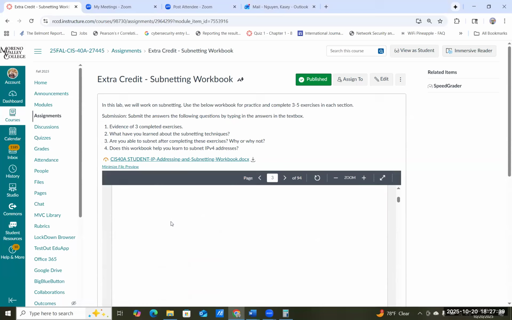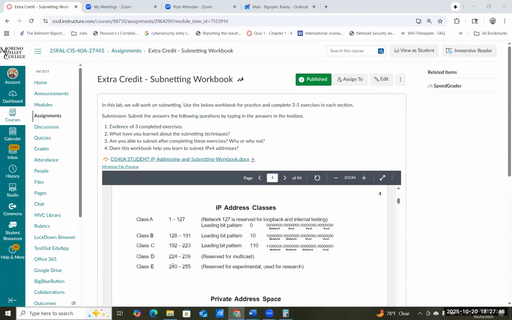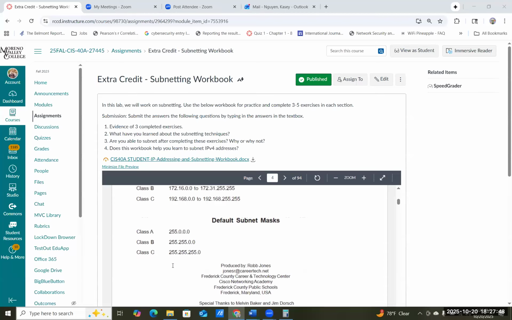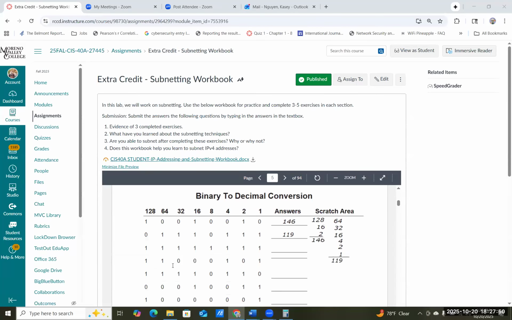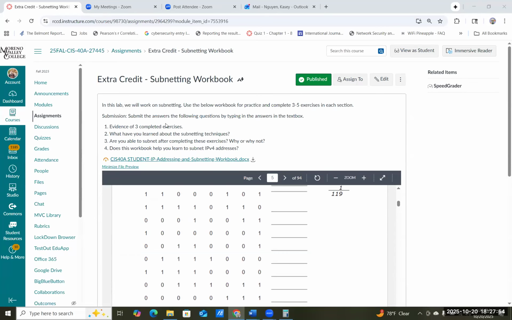So what it does is if you download and go through it, it has from looking at your IP addresses to doing binary conversion. So in order to get the extra credit, I don't want you to just do binary conversion and hexadecimal. We already did that. I need you to do 3 completed exercises for subnetting.